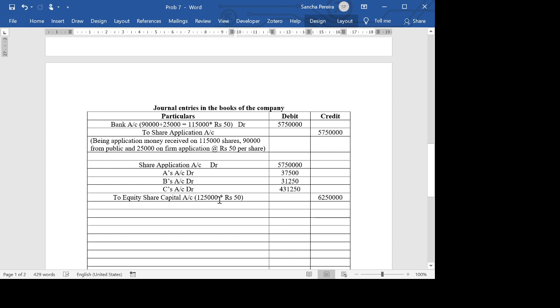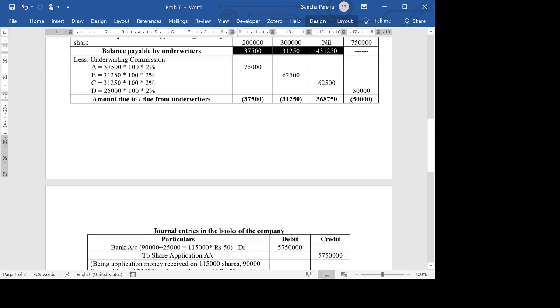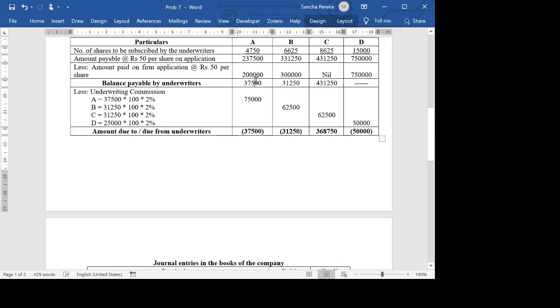If the public do not buy, the underwriters have to take up, and the difference, if any, will be taken up by the underwriters. So first entry is you show how much has come in through public subscription and firm application. Second entry, you transfer it to share capital. Balance, if any, is going to be payable by the underwriters.